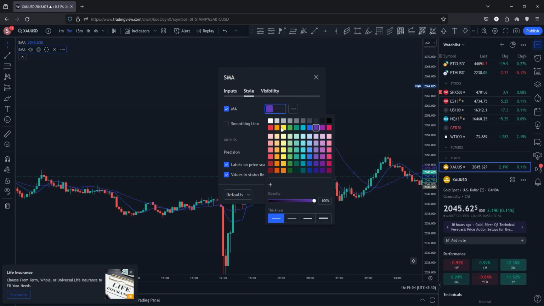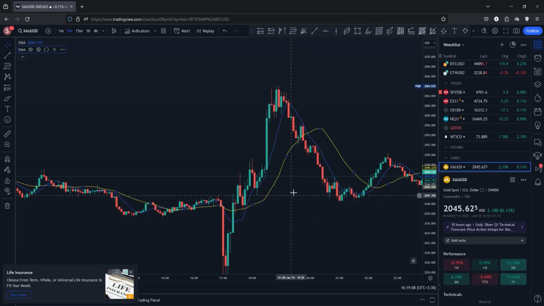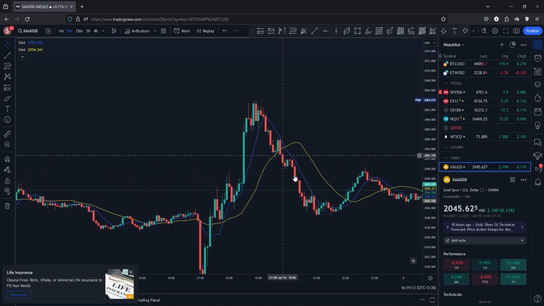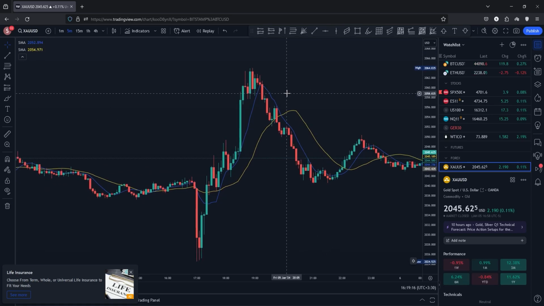We can change the color of the second moving average so we don't misunderstand which is which. So you can use this moving average, for example, if the blue one crosses the yellow up, you can enter the long position, and if the blue one crosses the yellow down, you can enter the short position.